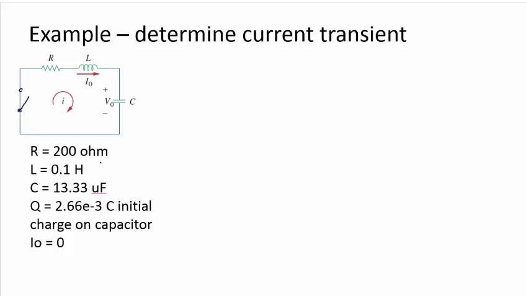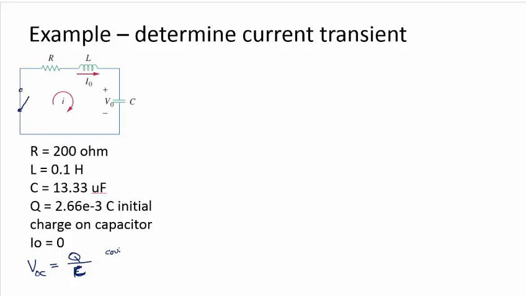Okay, so R, L, and C are these values. Now it also says that the initial charge on the capacitor is given in terms of coulombs. So do recall that the initial charge, therefore, the initial voltage, on the capacitor will be the total charge divided by the capacitance in farads. Capacitance, not to confuse that with coulombs.